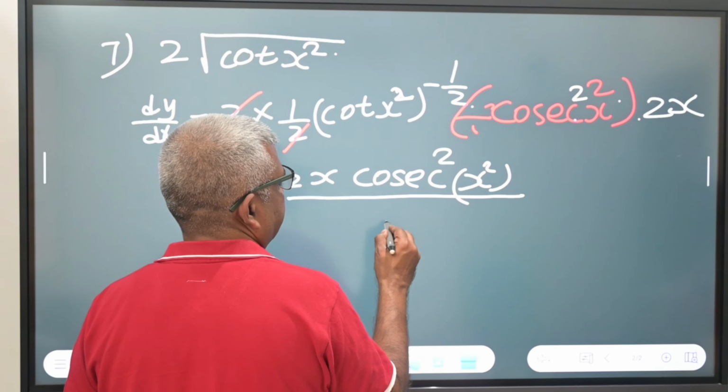This sin squared x squared I am splitting into sin x squared, sin x squared. Then cos x squared divided by sin x squared. So what will happen? This will cancel.